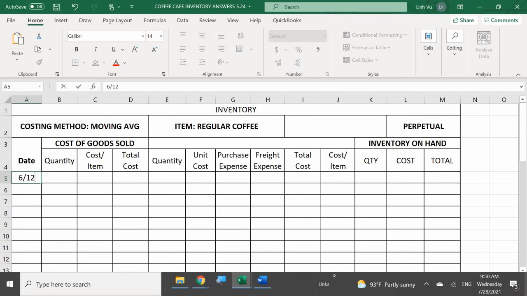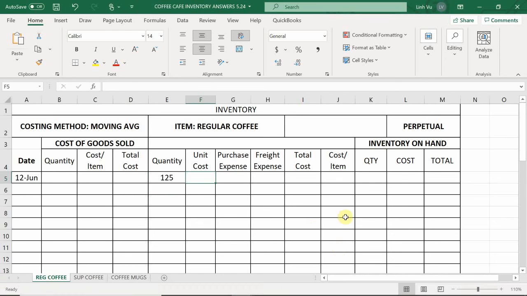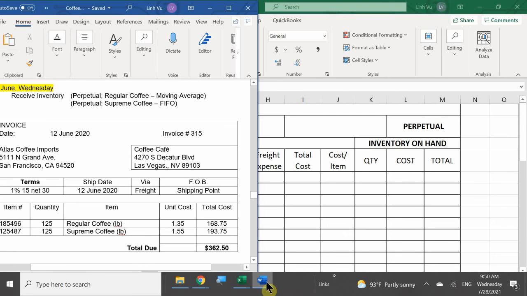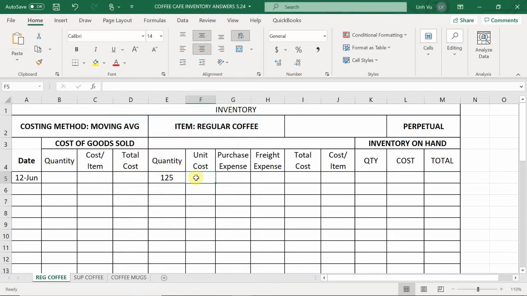We purchased it on the 12th of June. We're going to skip over the cost of goods sold because we haven't sold anything yet. But we did purchase 125 pounds, which, let's take a look at what my unit cost is. Okay? It's $1.35 per pound.